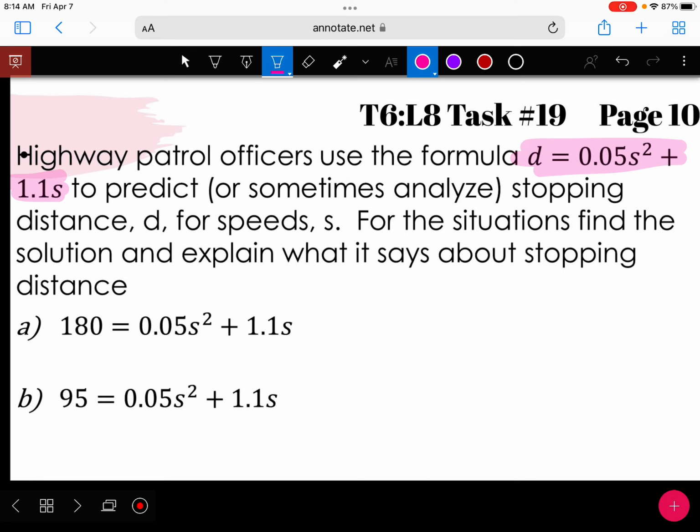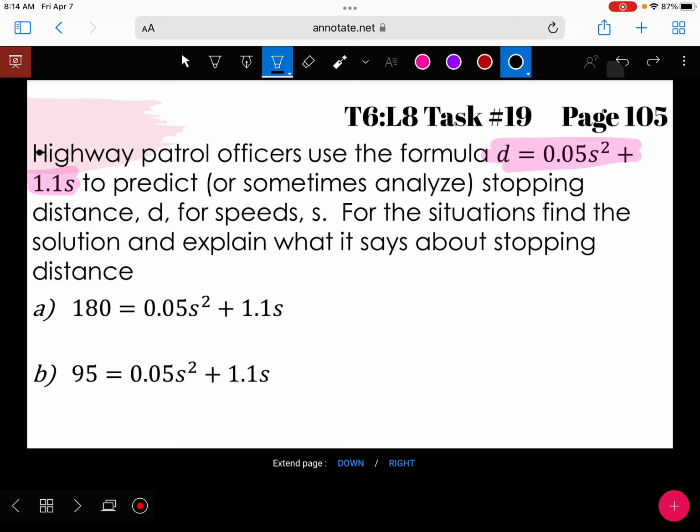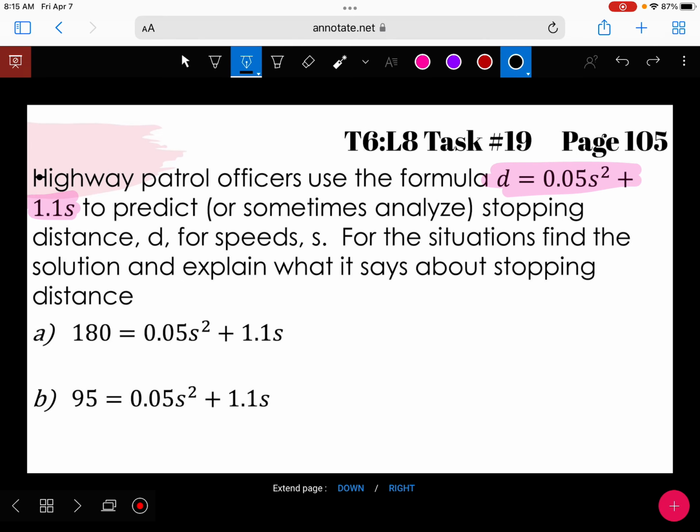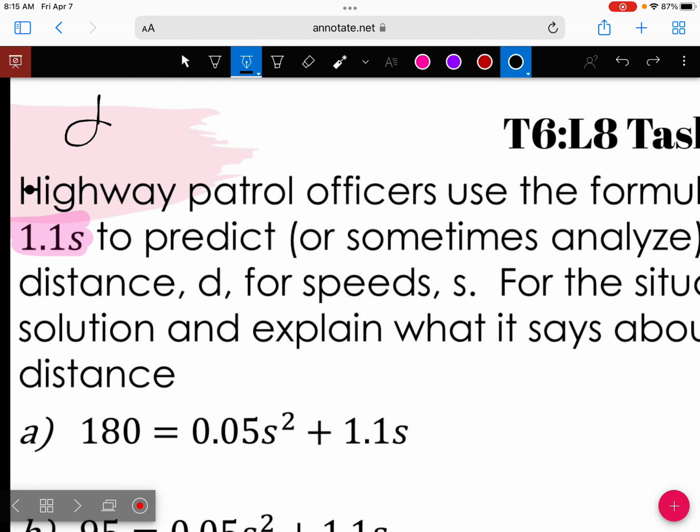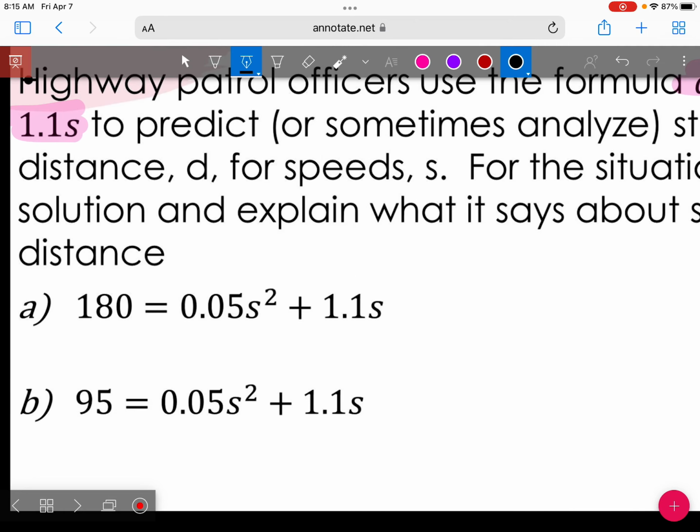So if we look at our little equation, which I'm going to write up top because I don't like it split over the line: 0.05 s squared plus 1.1 s. Okay, so if we look at our questions here, what has been substituted in?